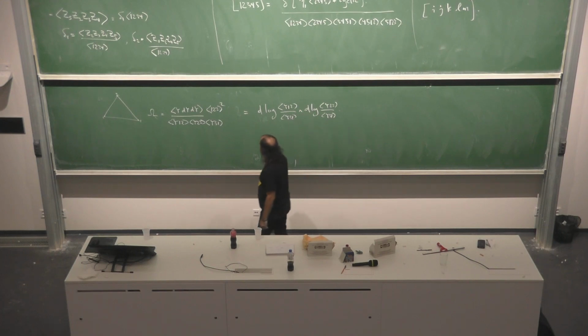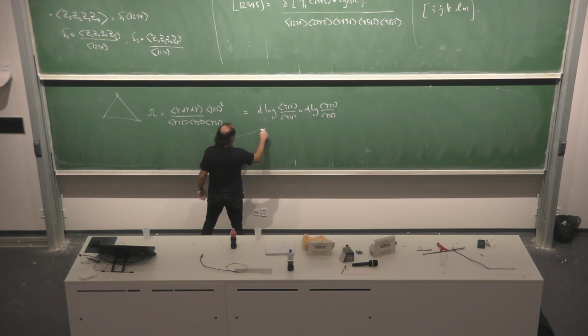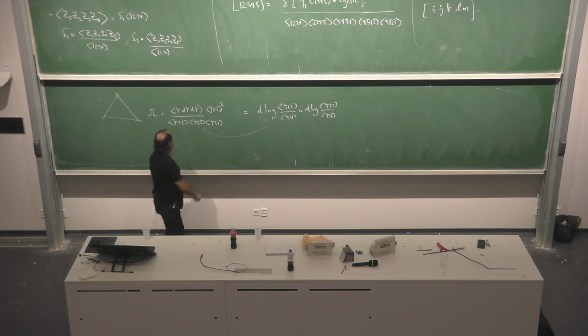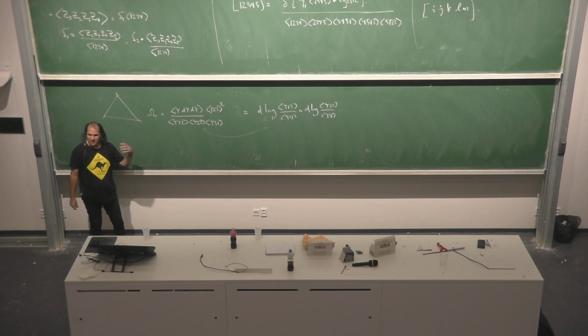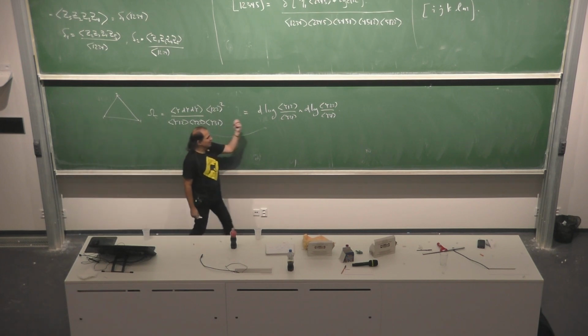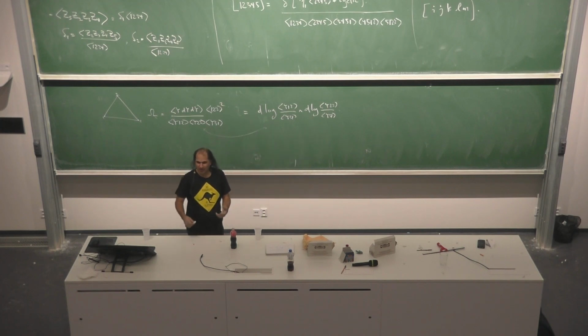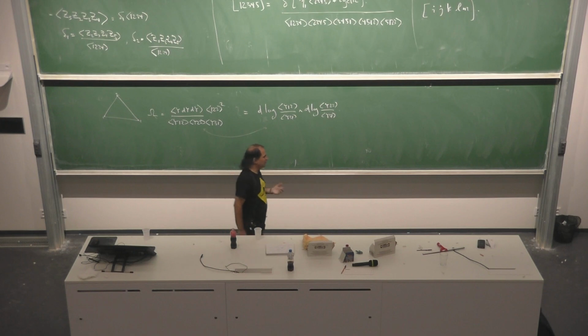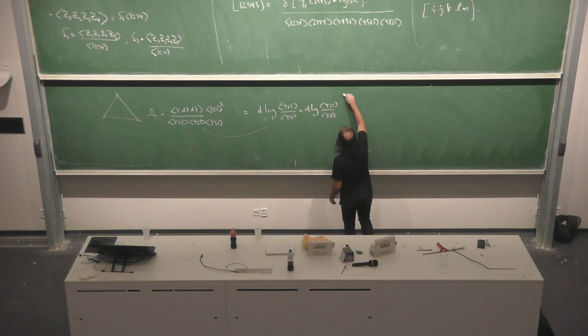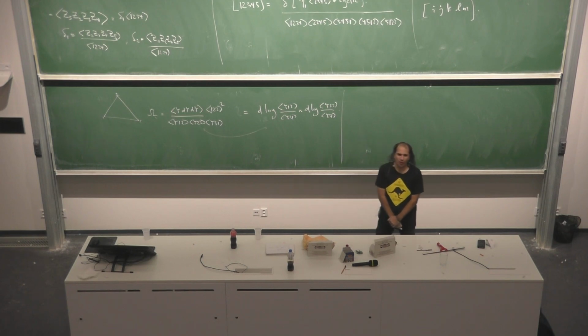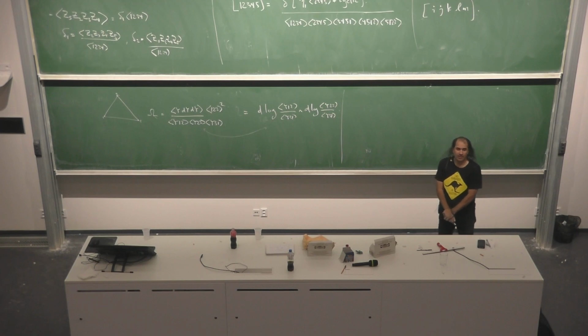Okay? But this is the simplest manifestation of a very general phenomenon that often our forms can look very simple and symmetric, written out, but not manifestly d log. If you want to make them manifestly d log, you always make some choice to show it like that. Okay? All right, so that's the canonical form for a triangle.